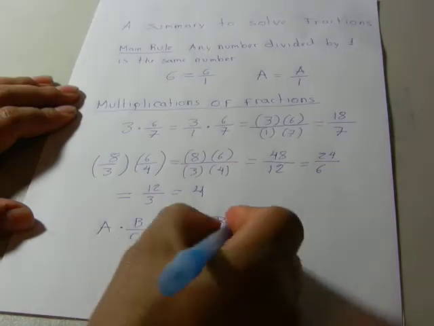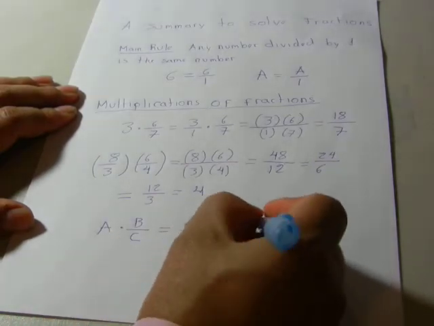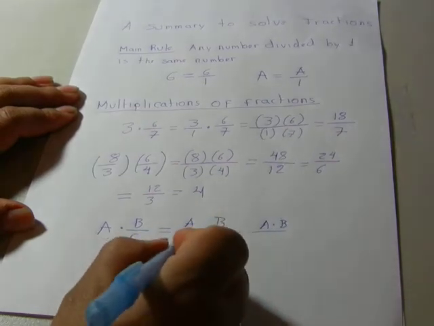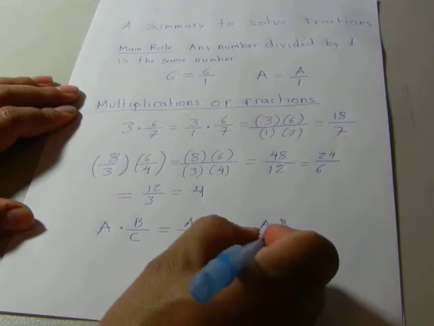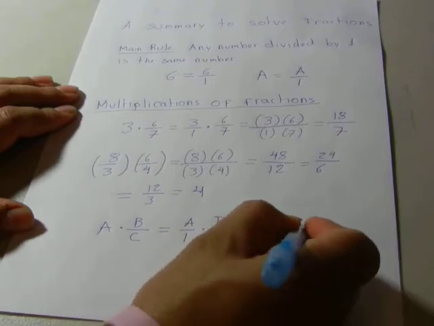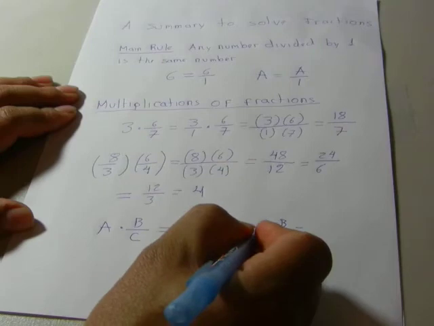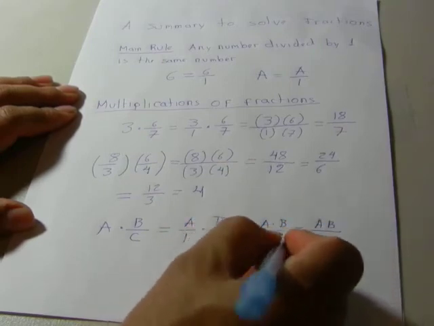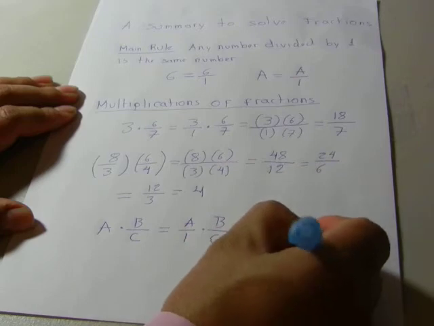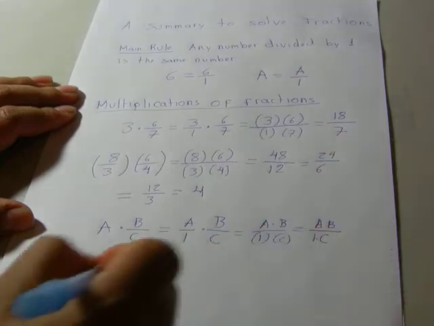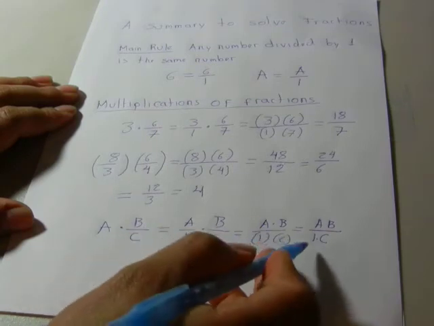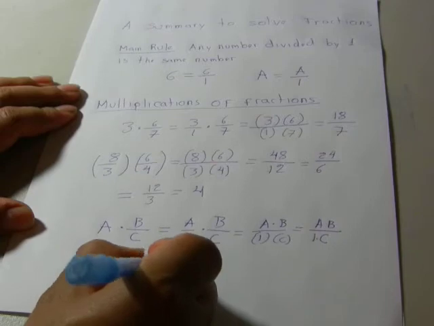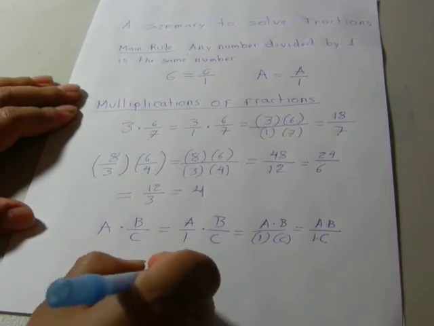Numerator times numerator to create the new numerator, a times b, and the denominator times the denominator, 1 times c. After multiplying, we have ab divided by 1 times c, which is 1c. Sometimes we simplify and we never write this kind of ones. So it's going to be the same as ab divided by c.